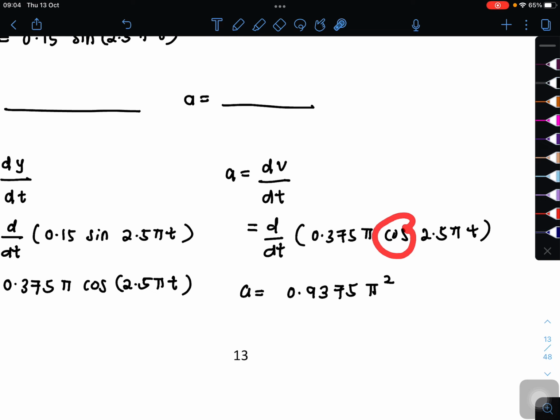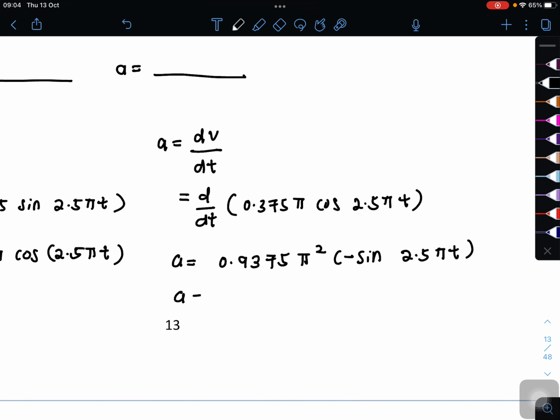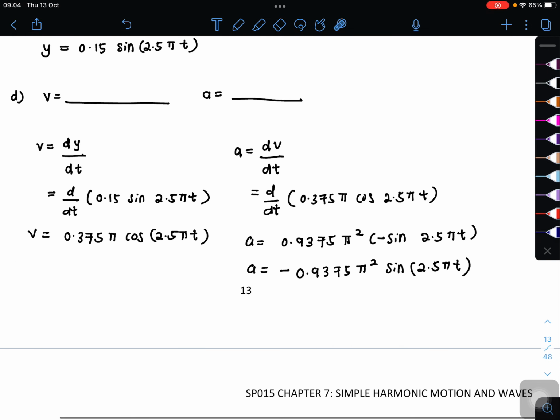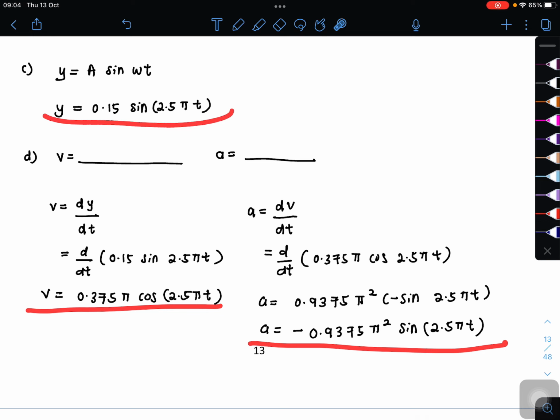And then differentiating cos, you will get a negative sign. And then the rest you just copy again, 2.5 pi t. Then we arrange it nicely, so the negative goes in front: negative 0.9375 pi squared sin 2.5 pi t. Okay, so this will be the equation for acceleration, this one for velocity, and this one for displacement.